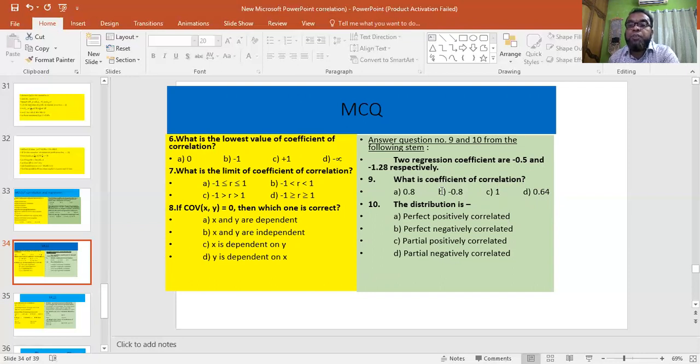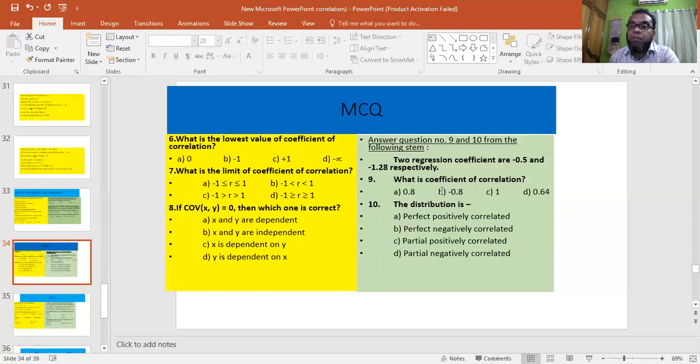Now number 10. The distribution is perfect positively correlated, perfect negatively correlated, partial positively correlated, partial negatively correlated. Here it is minus 0.8, not minus 1. It lies between minus 1 and 0.